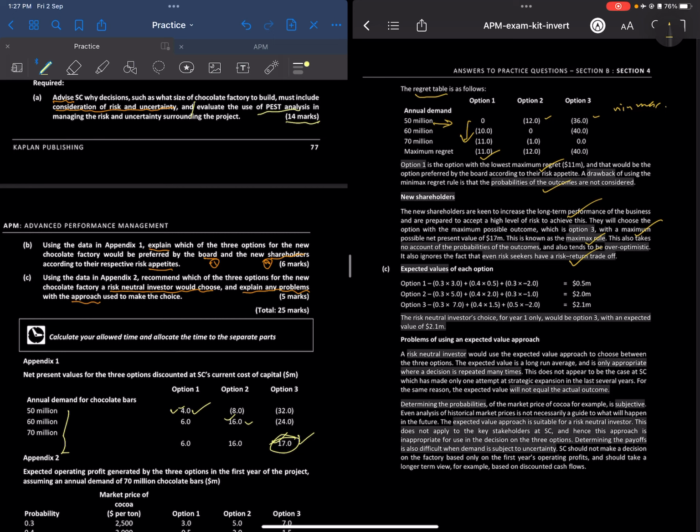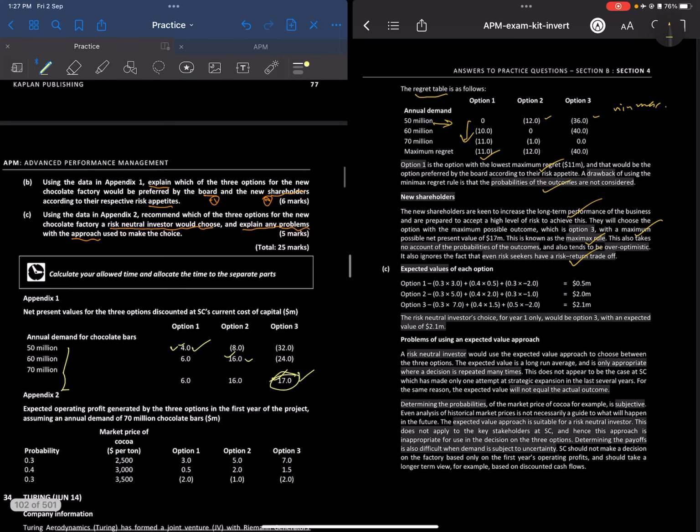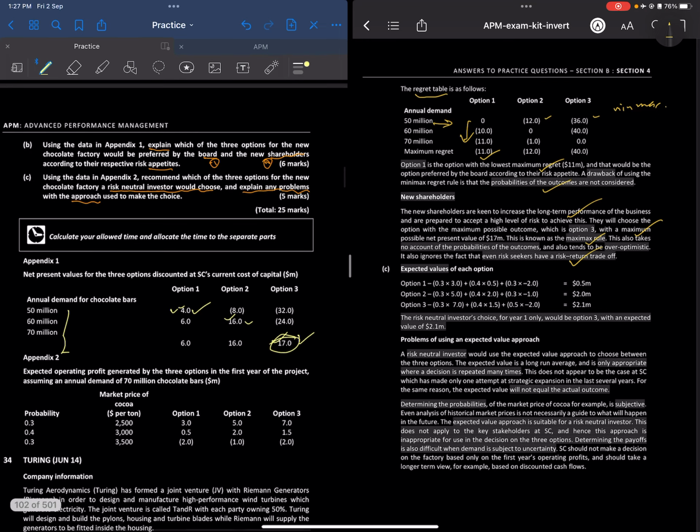All right, for expected values, for every option we use the expected value of it. So for option A, the market price is that much. So for expected value for risk neutral, right?